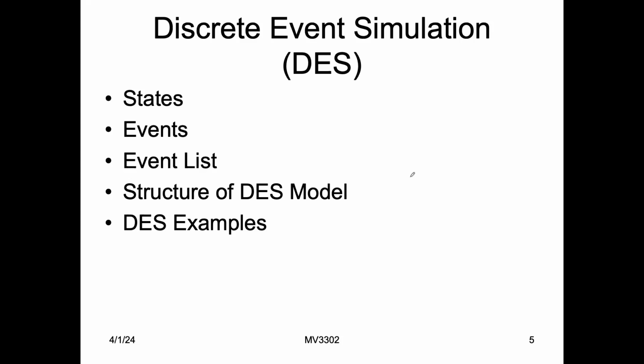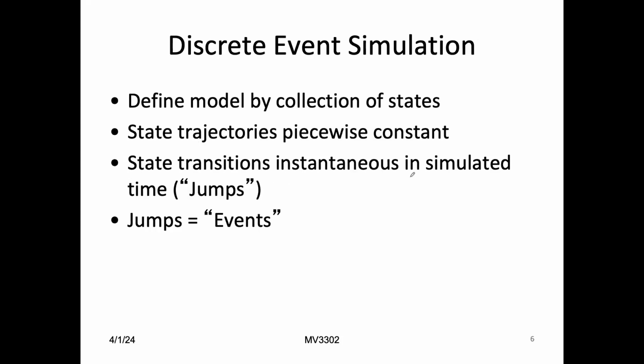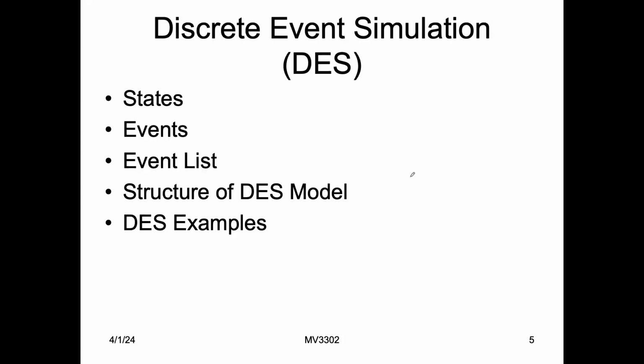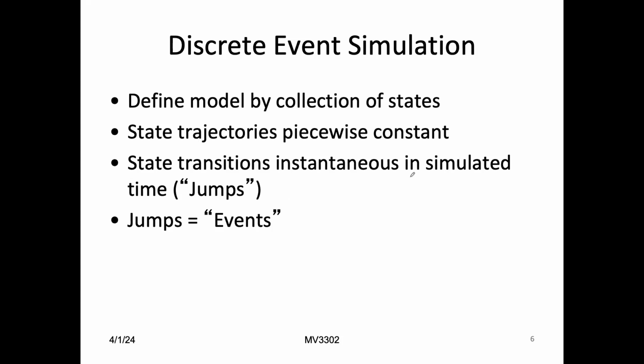Okay, so I'll talk about the structure of a model, and I think I have time for just one example. We define our model by a collection of these states. So that's the first concept. What is a state? A state is something which can change. One of our canonical examples is going to be waiting in line.